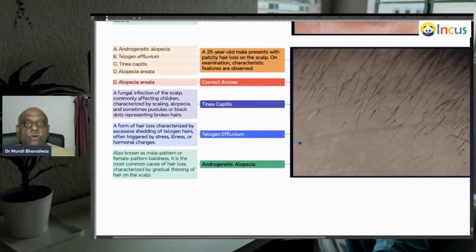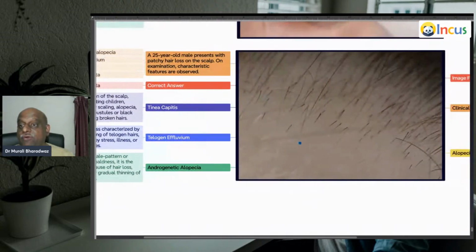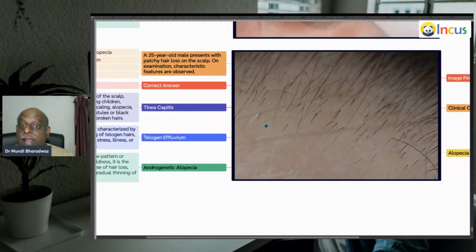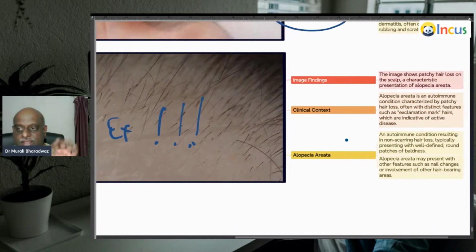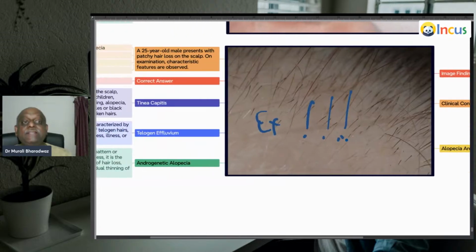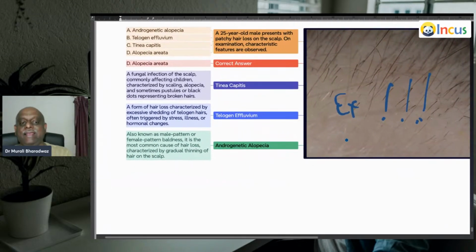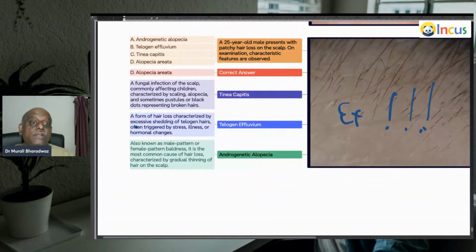A 25-year-old male with patchy hair loss on the scalp, and you found, what are these called? Exclamation mark sign. Hairs look like exclamation marks, which are indicative of alopecia areata, is what you need to remember. So why not telogen effluvium?